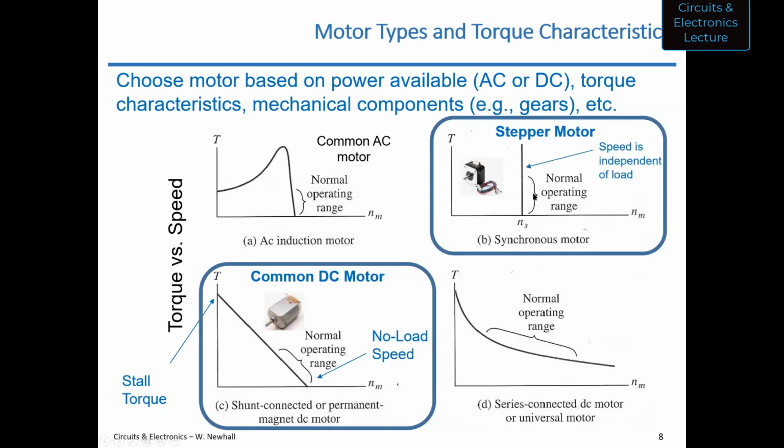The point here is that the speed is independent of load, as long as you're within the specified load of the motor, but you can make that motor turn at a constant speed and actually maintain a certain angle with an external controller. So we'll talk about that.